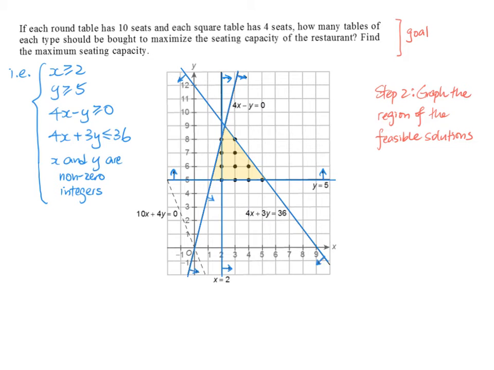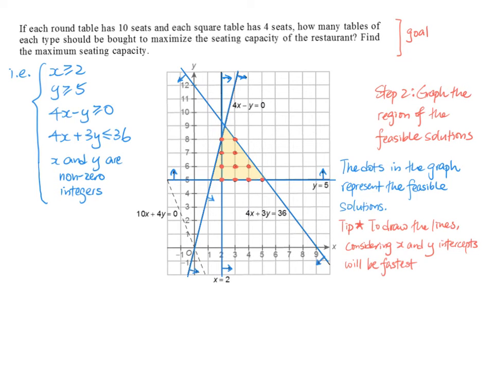However, here x and y have to be non-zero integers because we cannot buy 4.5 square tables. Only these dots could be possible answers, so we have to write this statement when you do your homework.